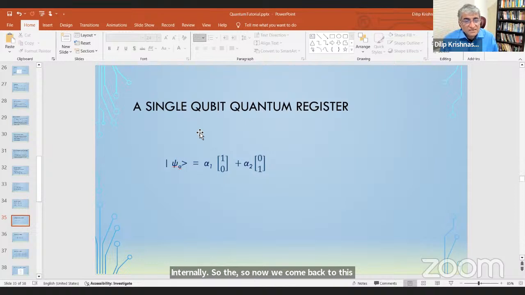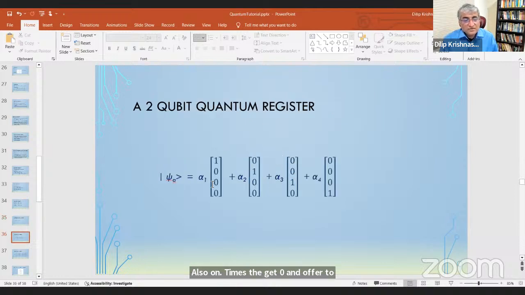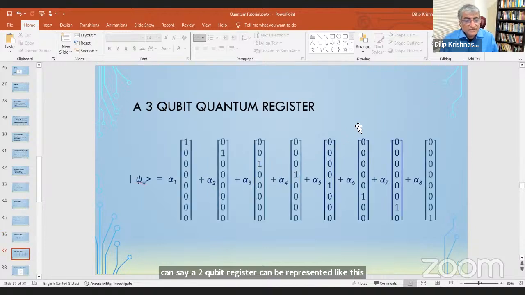We can say a single qubit quantum register can be represented as this, alpha 1 times ket 0 and alpha 2 ket 1. And a 2-qubit register can be represented like this, and a 3-qubit register like this, and so on. So when we say somebody has 53 qubits, they basically can explore 2 raised to 53 possibilities. That's where the power of quantum computing comes in, because you have all these states simultaneously being explored with different amplitudes.